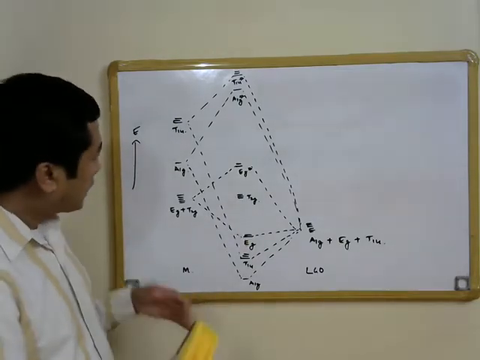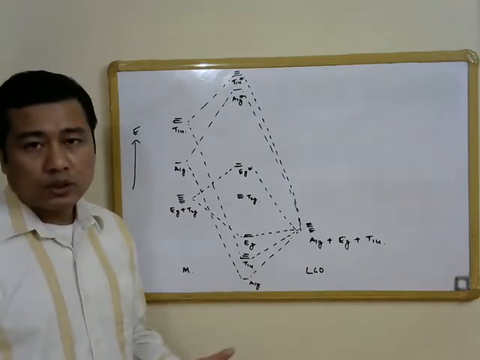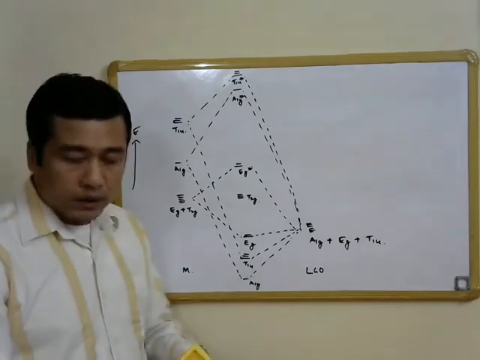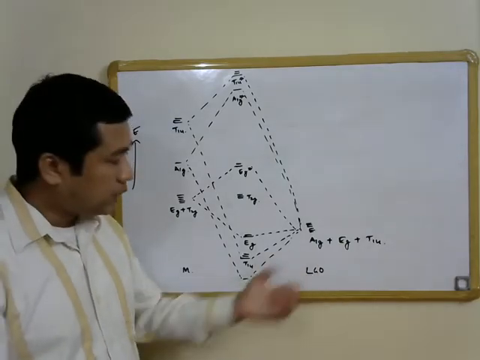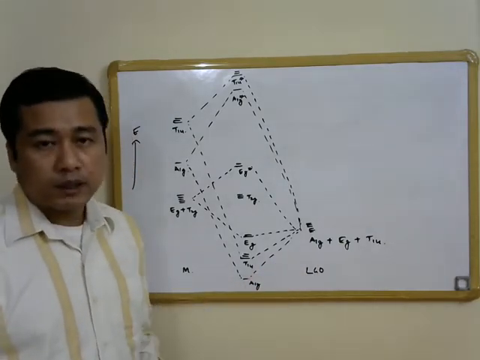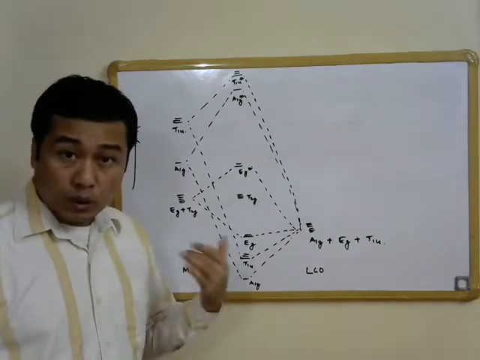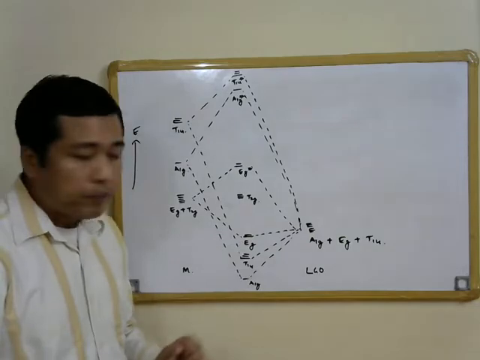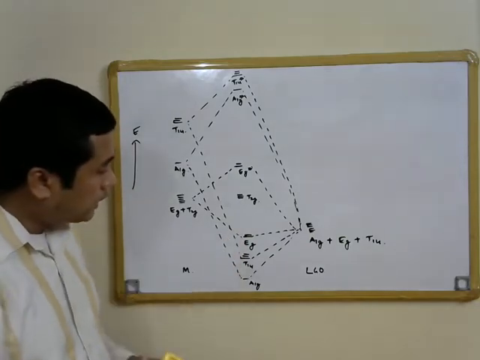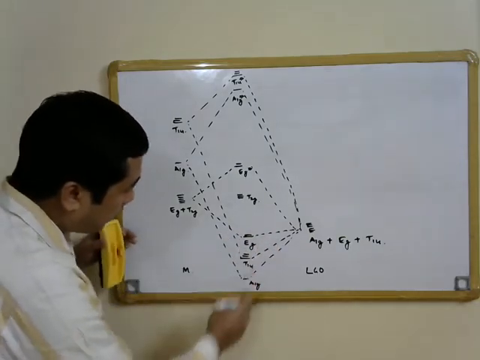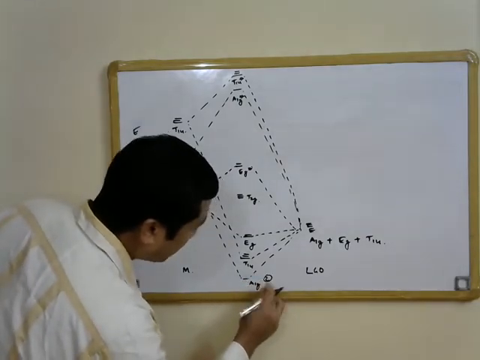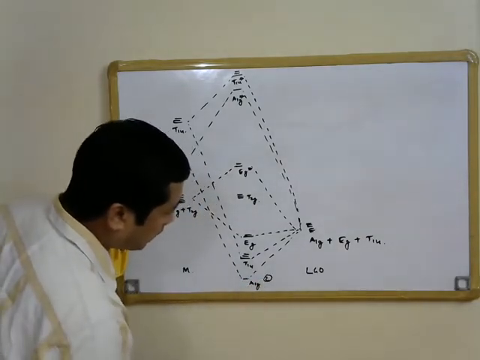So now let us try to fill the electrons in this molecular orbital diagram. These are sigma donor ligands, and there are 6 ligands surrounding the metal center, and these 6 ligands donate a total of 12 electrons. So 12 electrons come from the ligands. Let us fill these: 2 electrons go in this T1G bonding molecular orbital.